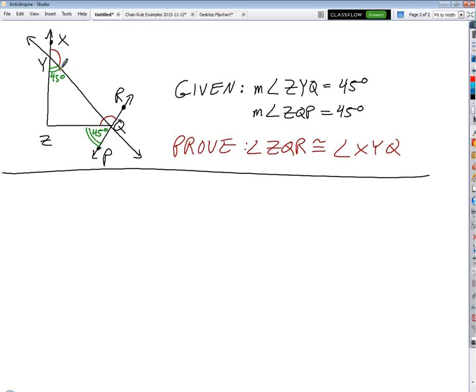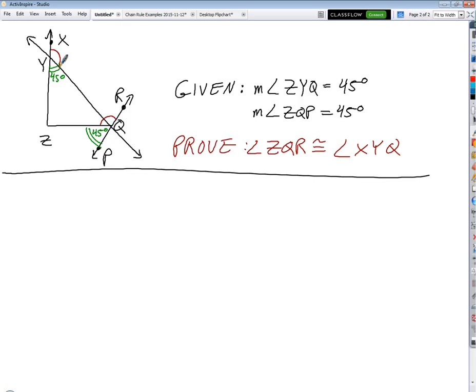Any ideas from there, what we could do? Emma, what do you think? I said that ZYQ and XYQ are supplementary. Okay, so this angle and this angle are supplementary. We need to maybe show that, right? And then what else?